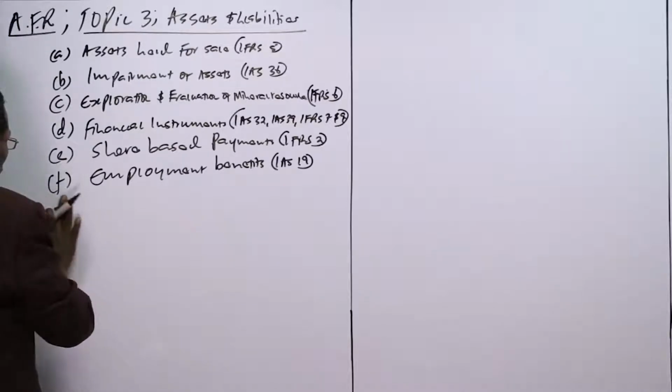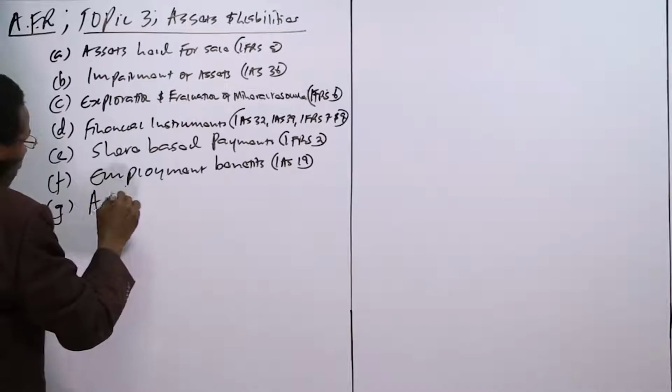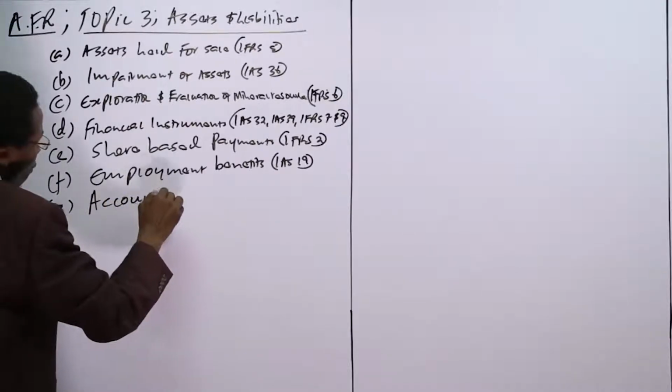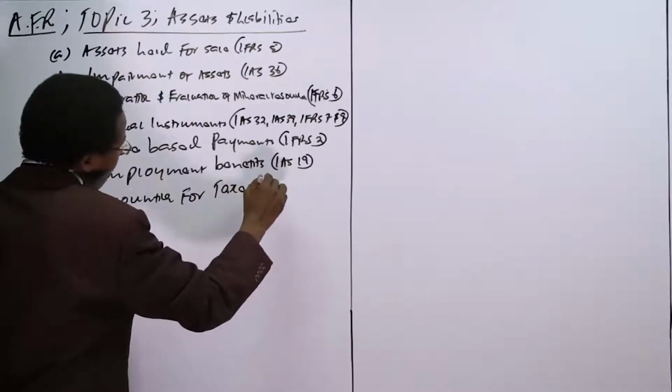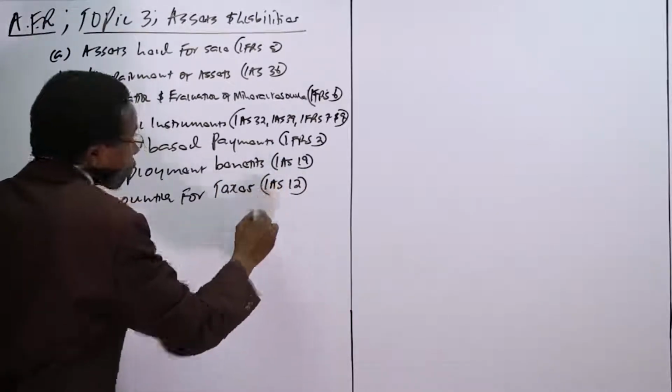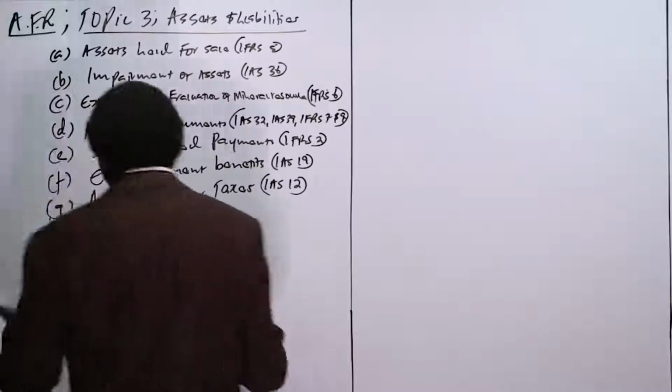Now this one we have not done. This is accounting for taxes, IAS 12.